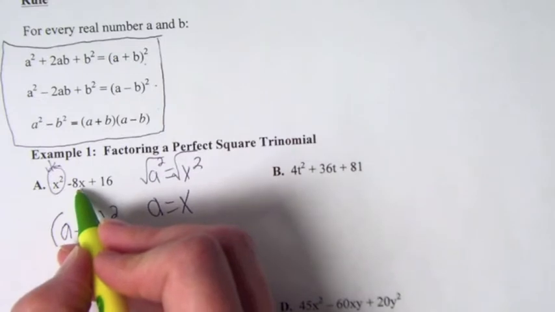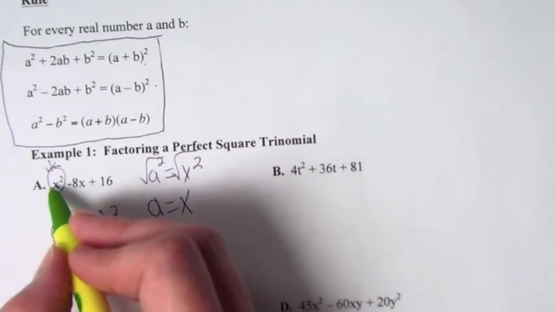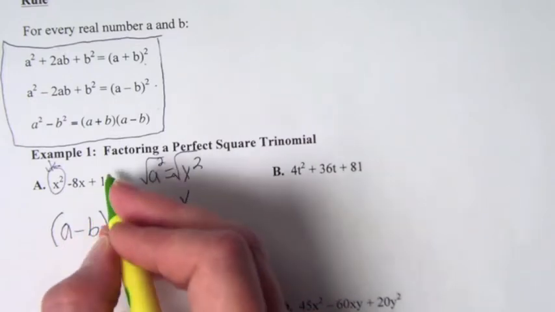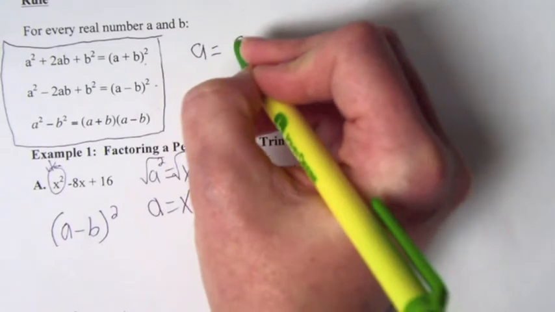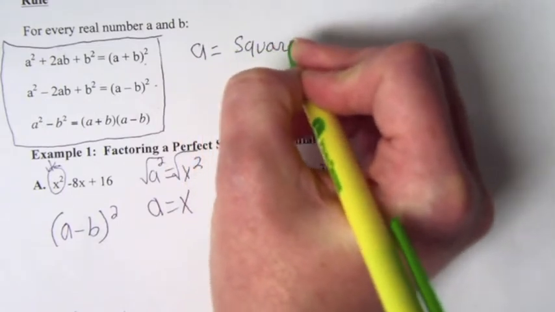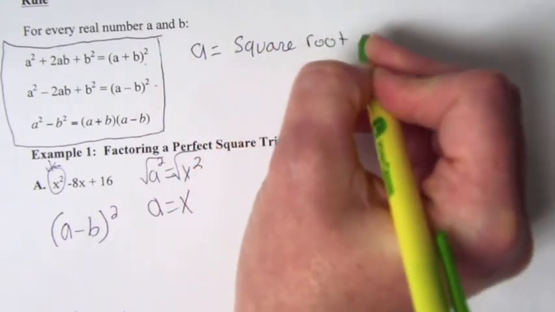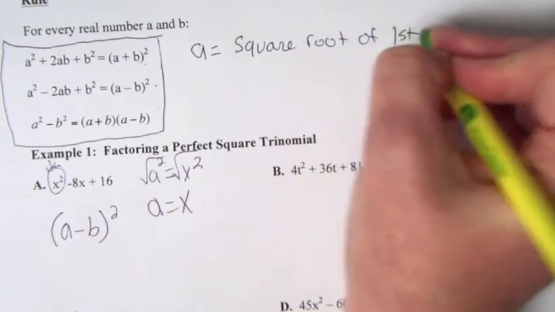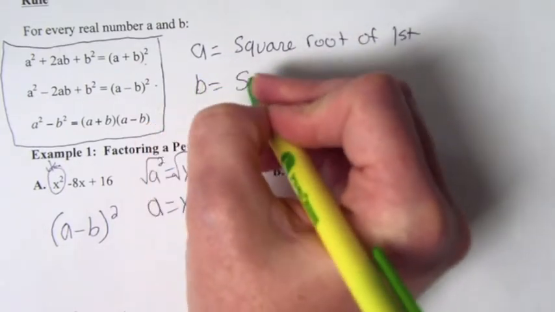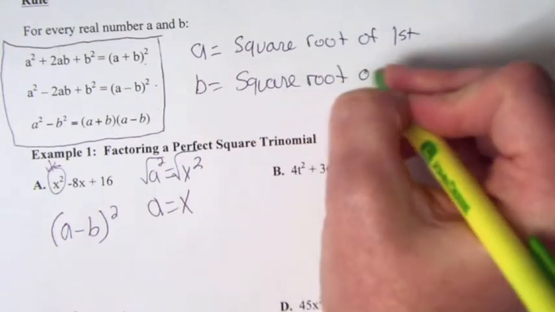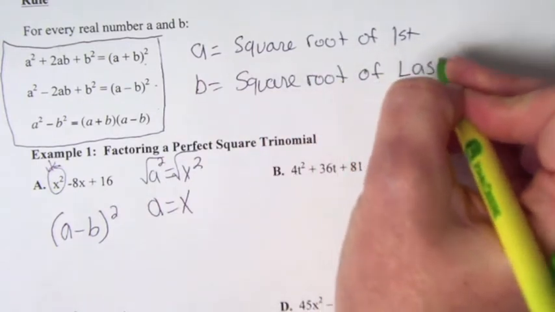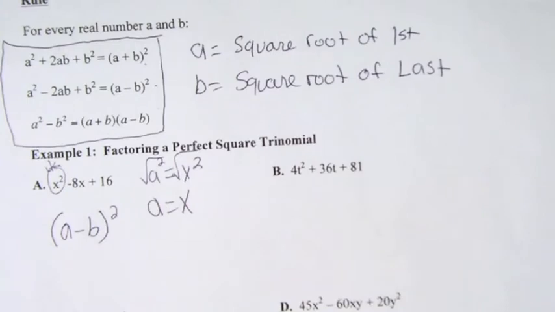We don't even care what that middle term is. To get our a, we take the square root of the first thing. To get b, we take the square root of the second. So we could even write this down. For a, square root of the first. And to get b, we take the square root of the last. First and last. So that's how we get our a and our b.